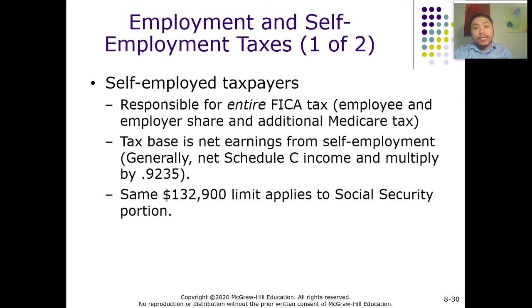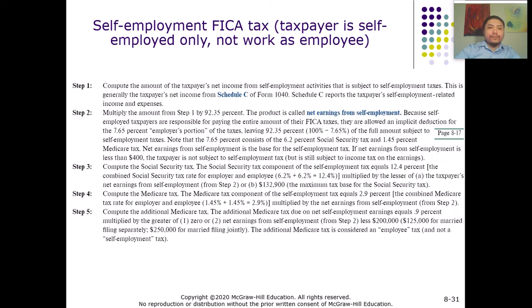But keep in mind that after they already got the deduction of the employer portion with the 0.9235 here, when they calculate the FICA tax with the new tax base, they still have to pay the employer portion, right? So let's go through these steps, maybe I'll be able to explain it a little bit more clearly.